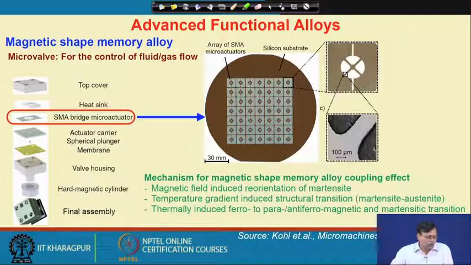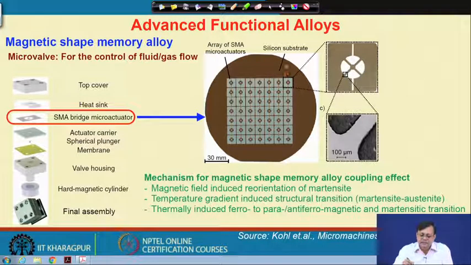We can also use this particular magnetic induced transformation for control of fluid or gas flow. One should have a look here. This is a silicon substrate where the material is grown, and material means basically the alloy, that is a magnetic shape memory alloy, and this particular color region is the alloy.